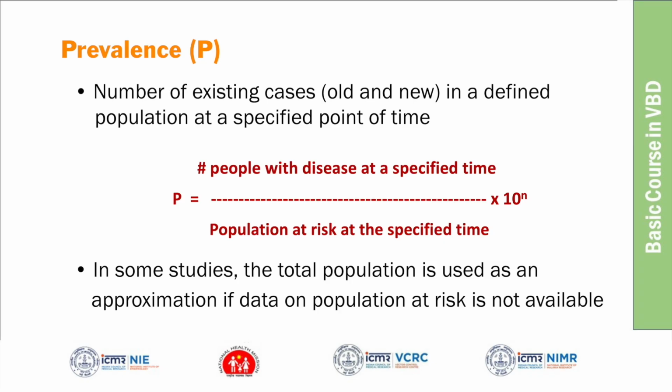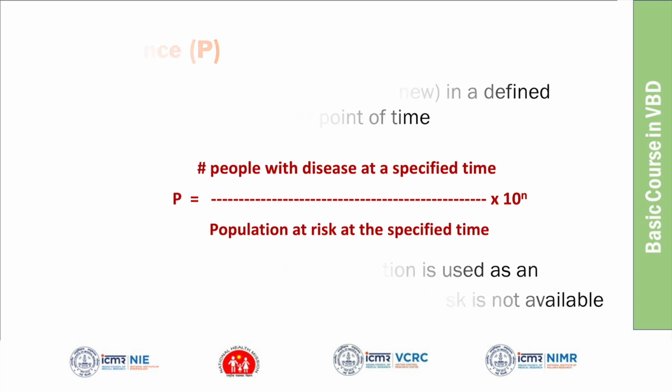It does not matter to us whether that case has been in existence for the last 5 years or is a newly diagnosed case as of that date. Both old and new cases will be in the numerator, because prevalence looks at the burden of disease at any given time point. So the total number of diseased, whether old or new, does not matter.